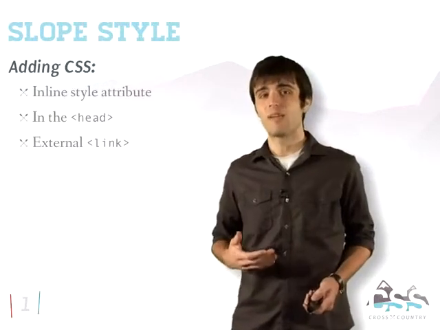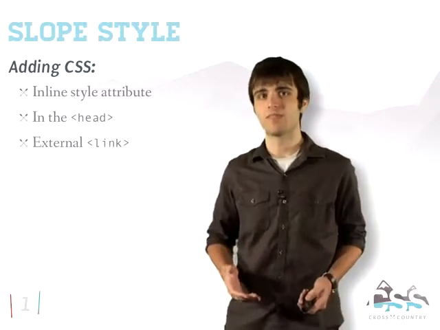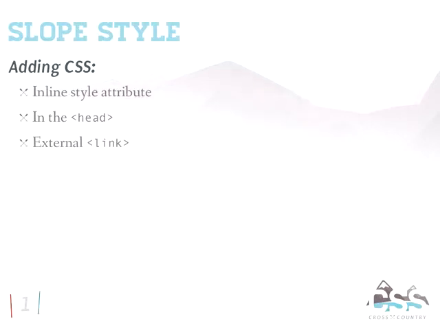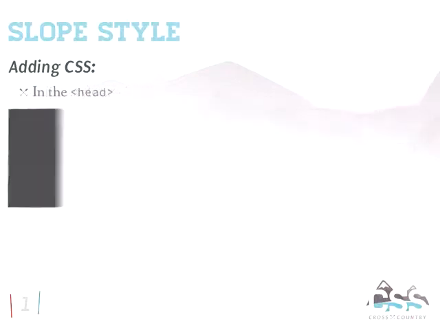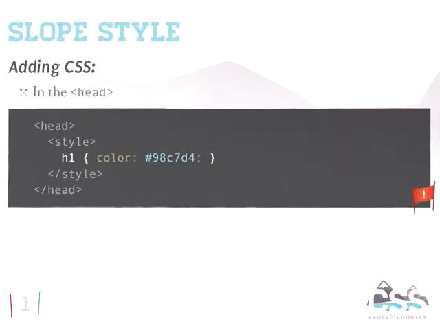First, let's start with how we can add CSS to our application. Now, the easiest way to do this is via the inline style attribute in our HTML, and it's very easy to do, but it's a maintenance nightmare. Second is adding our styles via the document head, which also works, but if we have more than one page in our document, also a maintenance nightmare.